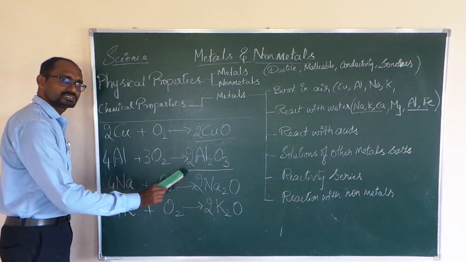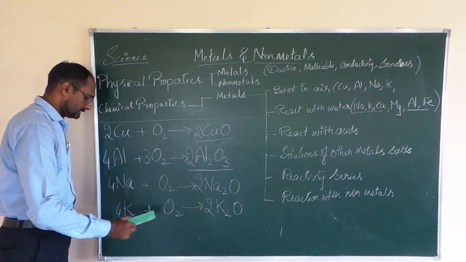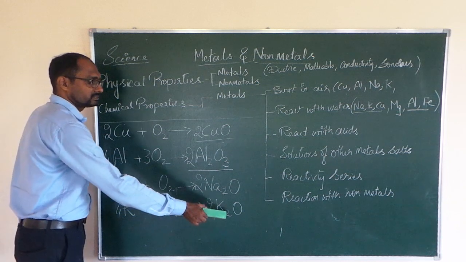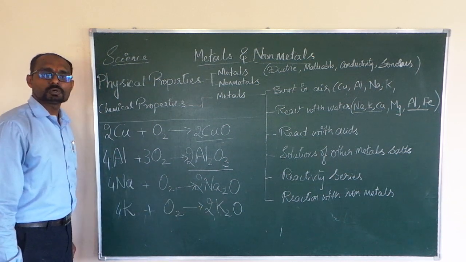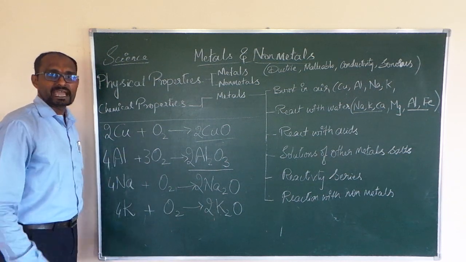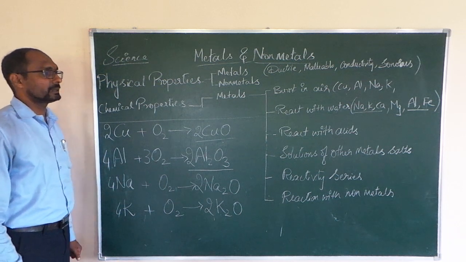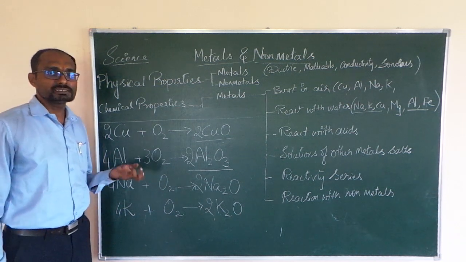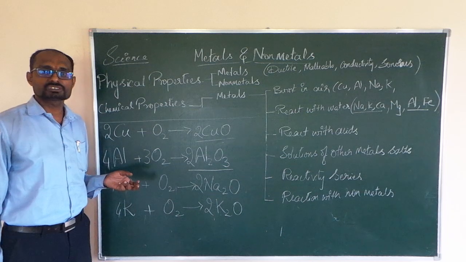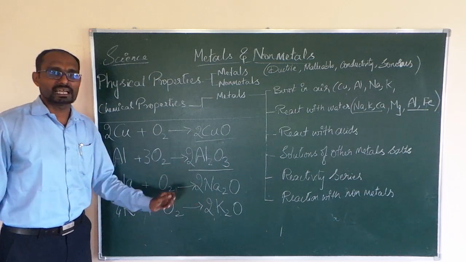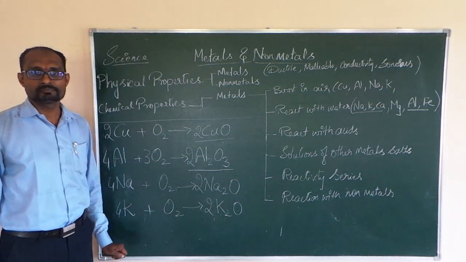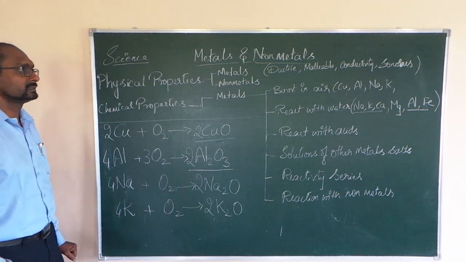Sodium reacts with oxygen, it gives us sodium oxide. Potassium reacts with oxygen, it gives us potassium oxide. So whenever a metal is burnt in air and combines with oxygen, we get its metallic oxide. This is the first part.